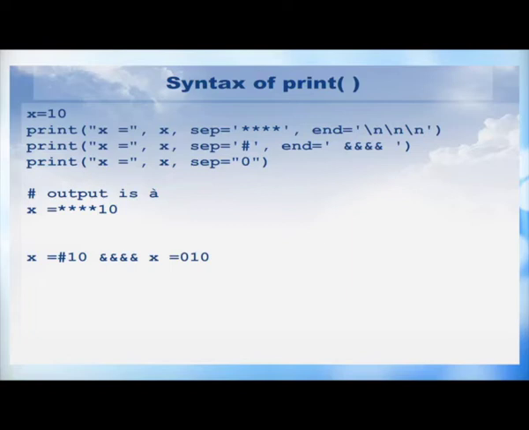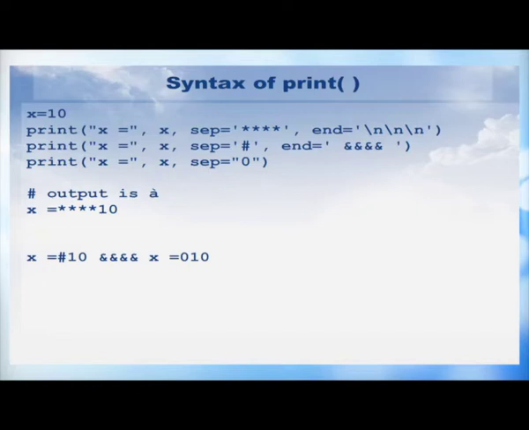See what output you are getting. For the first print statement, we get x is equal to separated by the 4 zero separator and the value of x. As we have 3 new line characters, there are 3 blank lines.